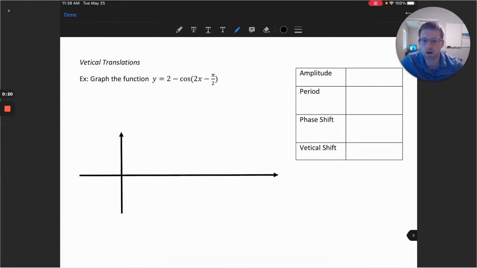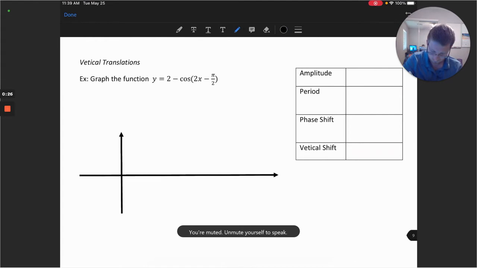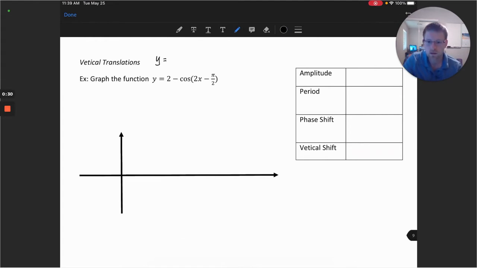So it might be helpful here to rewrite this expression in factored form. So I'm going to write this above. This will be y. And I'm going to put the constant, 2, to the back. So it's going to be our vertical translation here. So we have negative cosine.